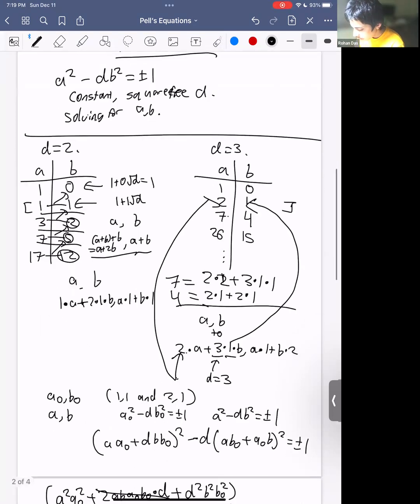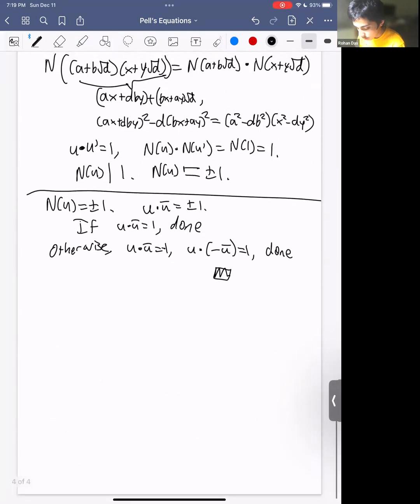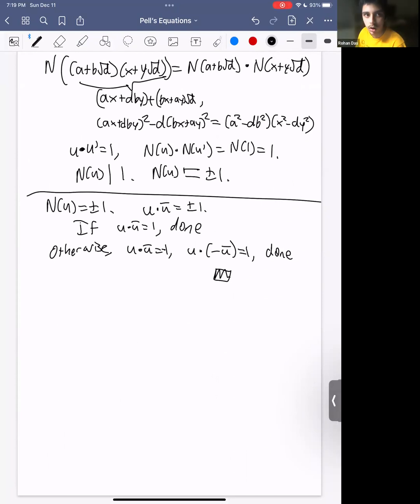But first, we need to show this in general and show that in general there is a smallest unit greater than 1. And we can't just assume this, because there are infinitely many numbers of the form a plus b root d. So we can't just assume that there is a smallest number.